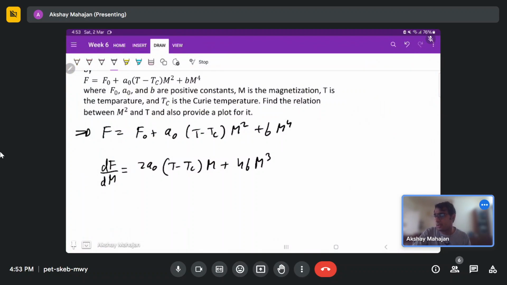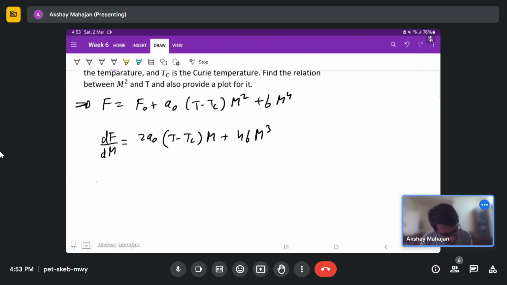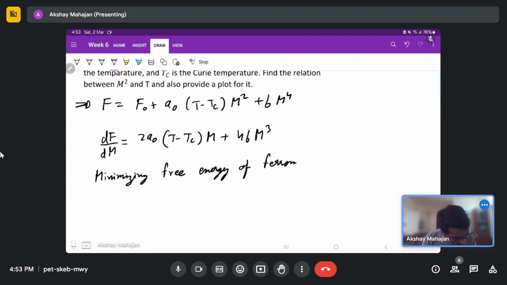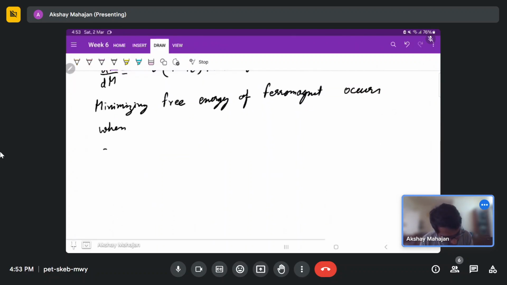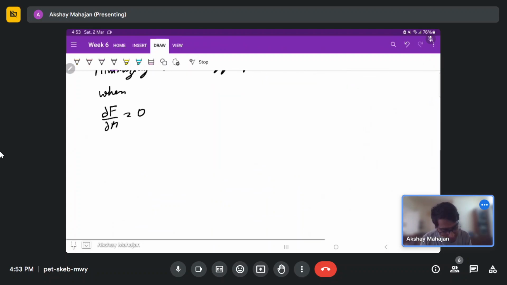Now, we know that minimizing the free energy of the ferromagnet occurs when del F by del m is equal to 0. Okay, so this derivative is 0.